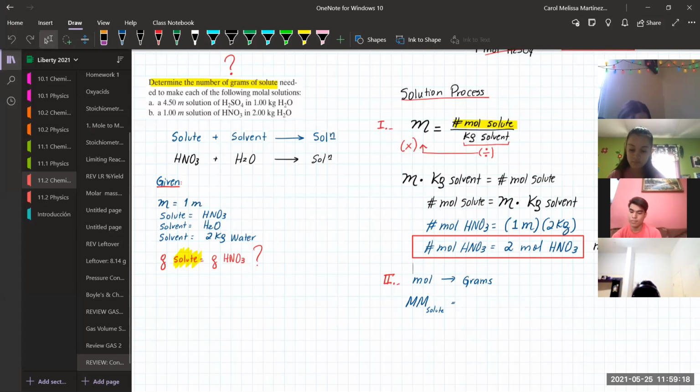You can get it as 1 hydrogen, 1 nitrogen, and 3 oxygens, replaced by using the atomic masses.